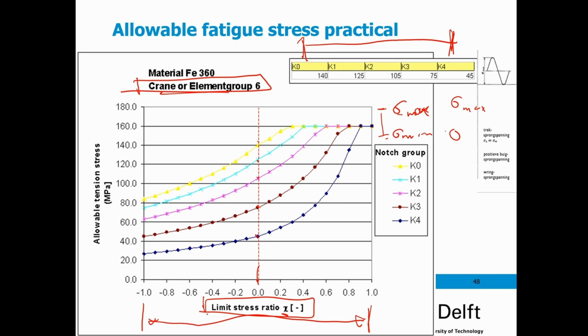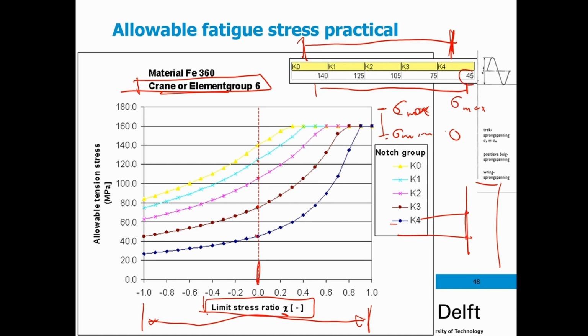And then you can see, if I have no stress or a maximum stress, I can also see the devastating influence of not paying attention to fatigue. If I make connections like this, so no avoidance of stress concentration factor, then I end up with a K4.